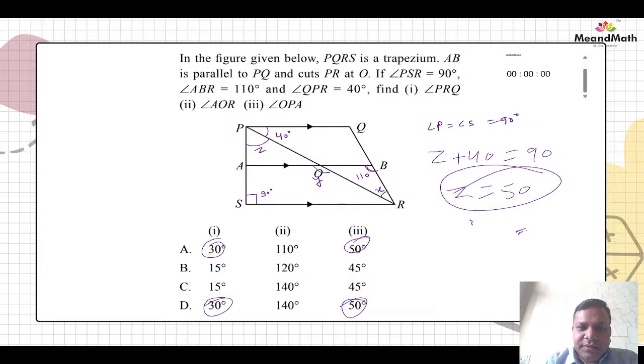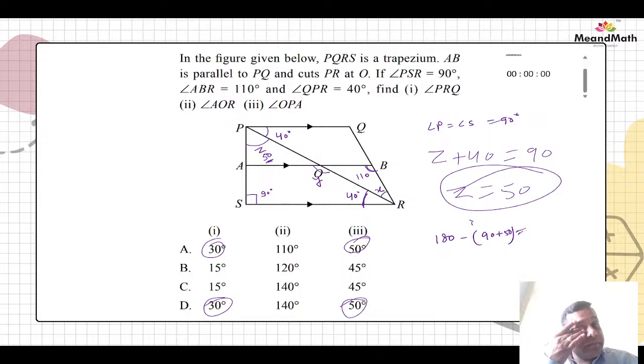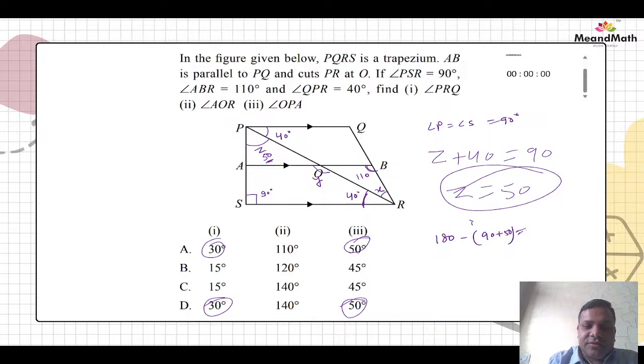This is 50. This is 90. So you can find this is 180 minus 90 plus 50, is 40 degree. This angle is 40.